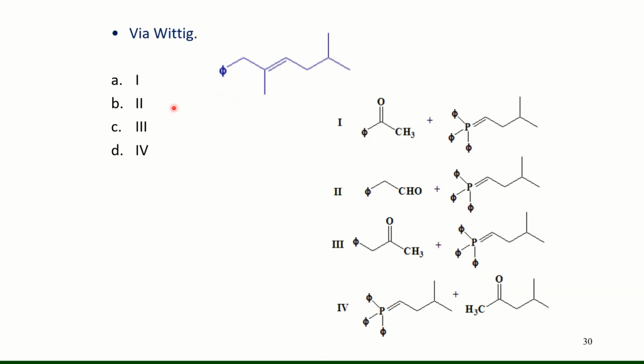Here is another example. Now we have the alkene, and we want to know which one of these sets of starting materials we used for the alkene. So your disconnect is here. Go ahead and see if you can put that together, and we'll also go through this during our sessions.